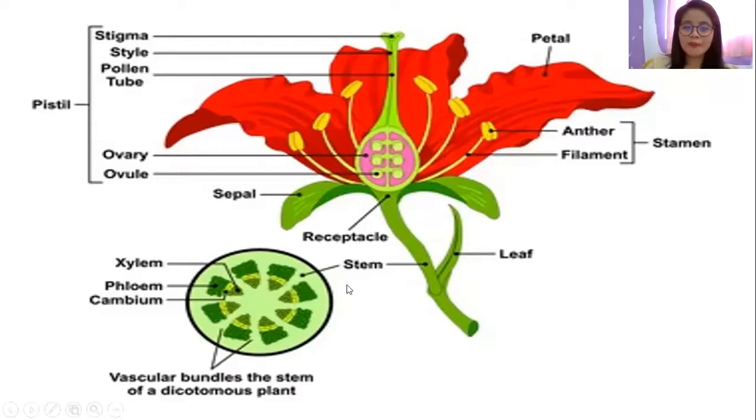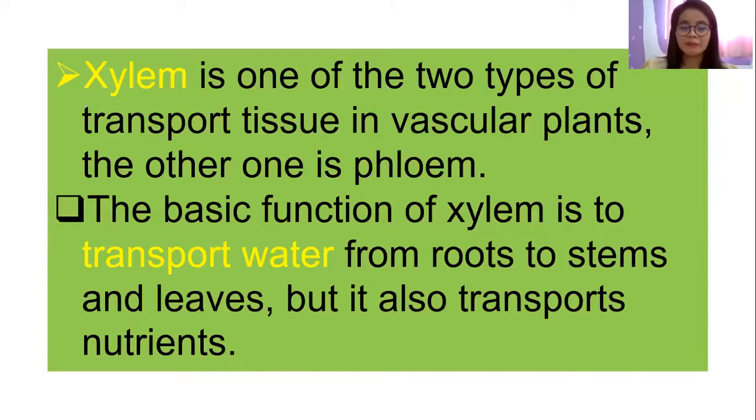Xylem and phloem are located here in the stem, and their function is very important. Why? Because xylem is one of the 2 types of transport tissue in vascular plants, and the other one is phloem.